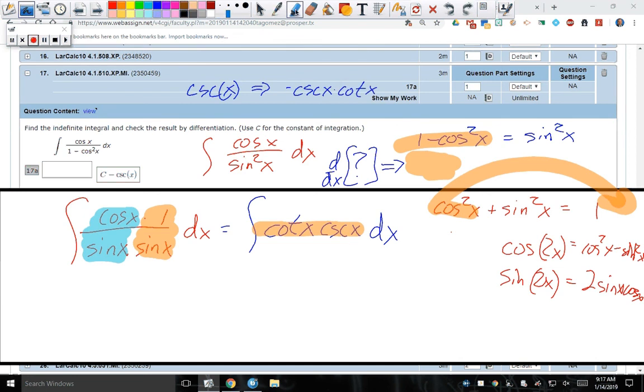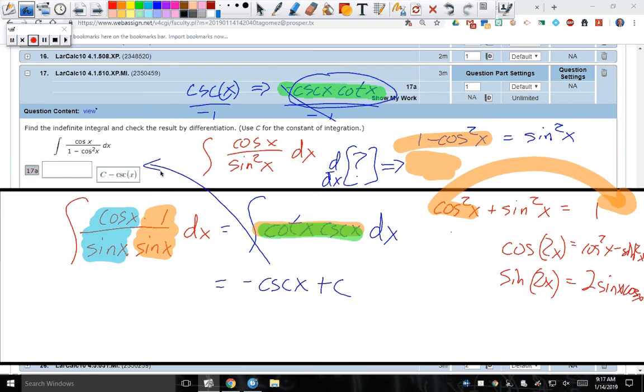We know that this is very close to the same, it's only off by a negative. So if I divide both by -1, I could say the integral of a positive cotangent cosecant would equal this negative cosecant. So we get negative cosecant of x plus c, which is the same as the answer, only they put the c first.